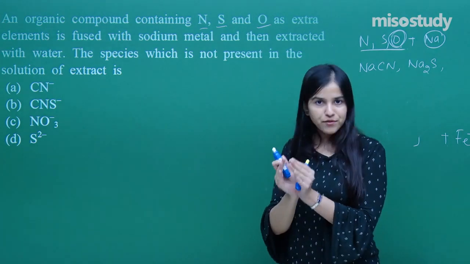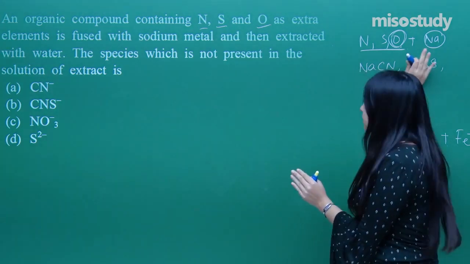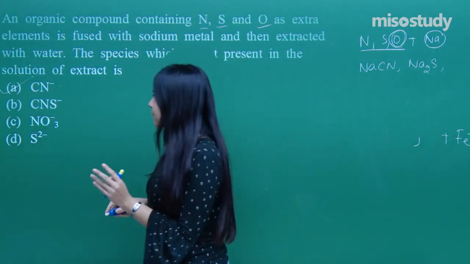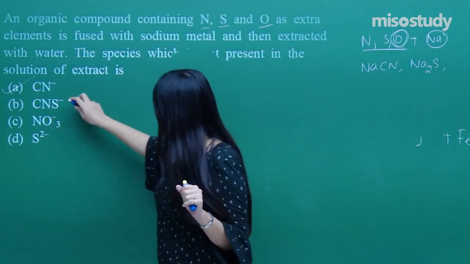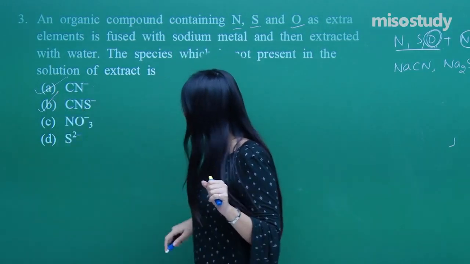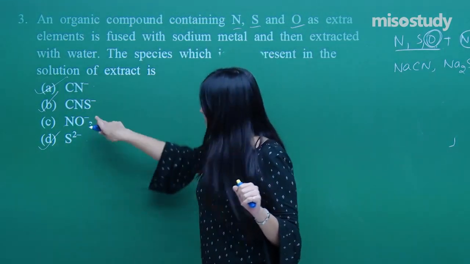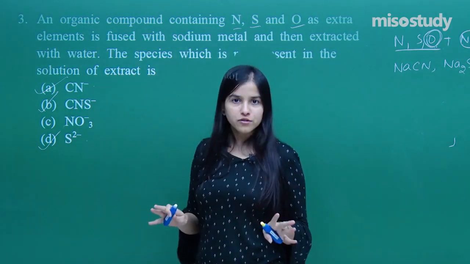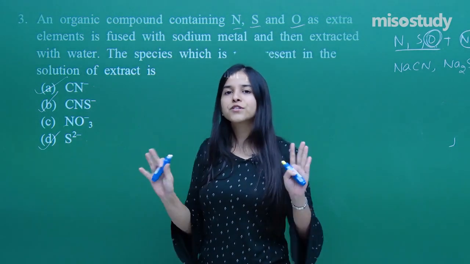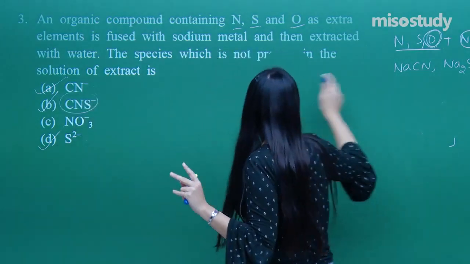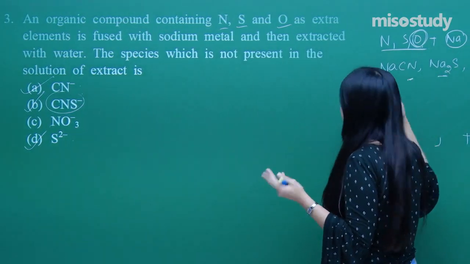The species which is not present in the solution extract. Now, the solution extract we have formed. So, these are the species which can be formed over here. I can have CN, I can have CNS, I can have sulfide, but nitrate cannot get formed over here. So, there is no such possibility of formation of nitrate. CNS can be possible if the sulfur gets combined with the nitrogen.